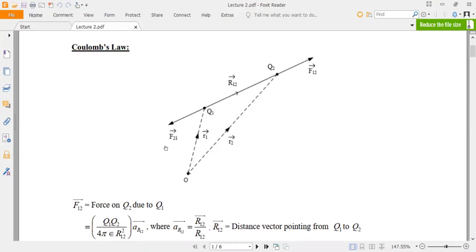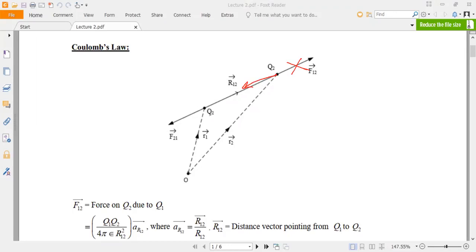But if they are of opposite sign, if any one is positive or any one is negative, then we know that they will attract. The force on Q2 due to Q1 will no longer be this one, it will be in this direction. So this will be your F12.